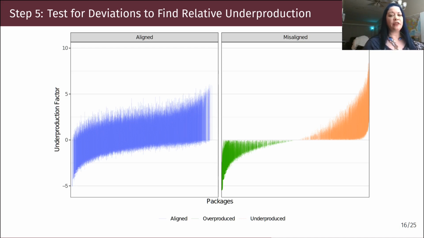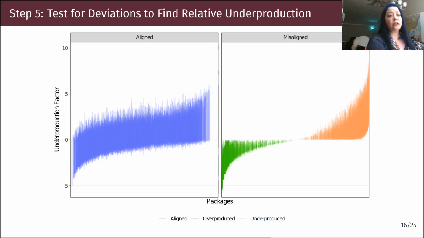This is a conservative estimate of alignment. The right-hand graph has those packages we can credibly say are misaligned. In the green on the left, we have overproduced packages, and in the blue, farthest to the right here, we have the underproduced packages. There are more than 4,000 underproduced packages in Debian out of that 22,000 we looked at.